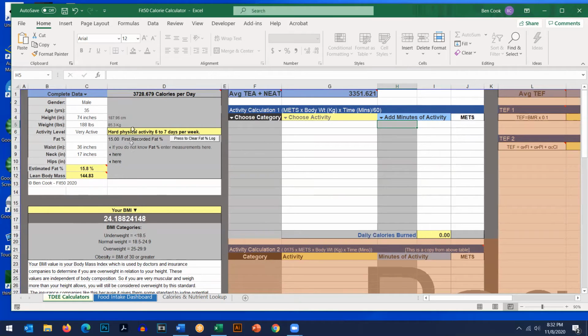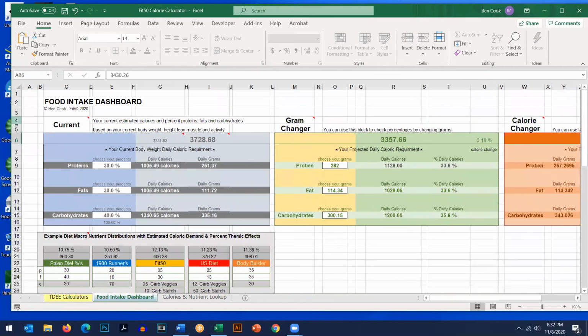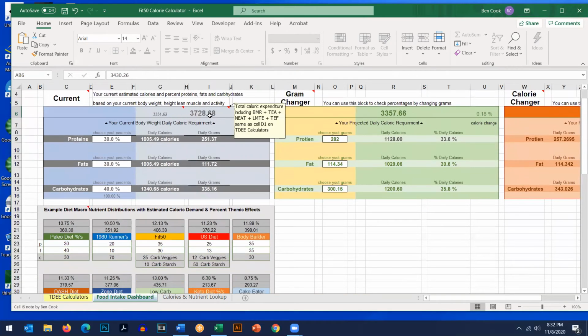And that number, 3,728, shows up over here in the food intake dashboard. Basically what this is saying is, with this number of calories, how are we going to divide these calories up so that you get the best effect, so that you won't gain body fat? Instead, you can promote lean body mass.